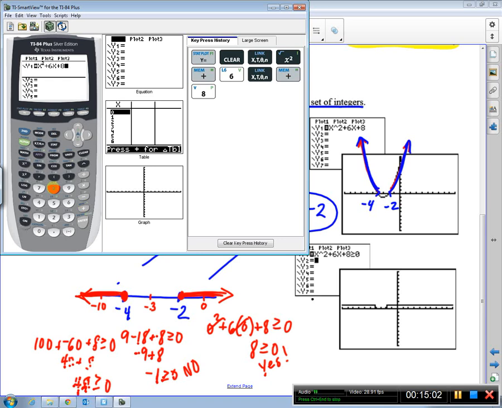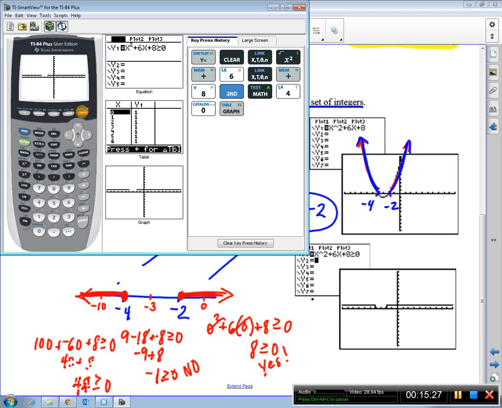And to get those inequalities, you go to second, and then to math. And this time we want greater than or equal to 0. And we want to know what's above the axis, what parts are above the axis. And you can see the shading, the number line shading. If you can count those little dashes, go to the right of -2 and to the left of -4.